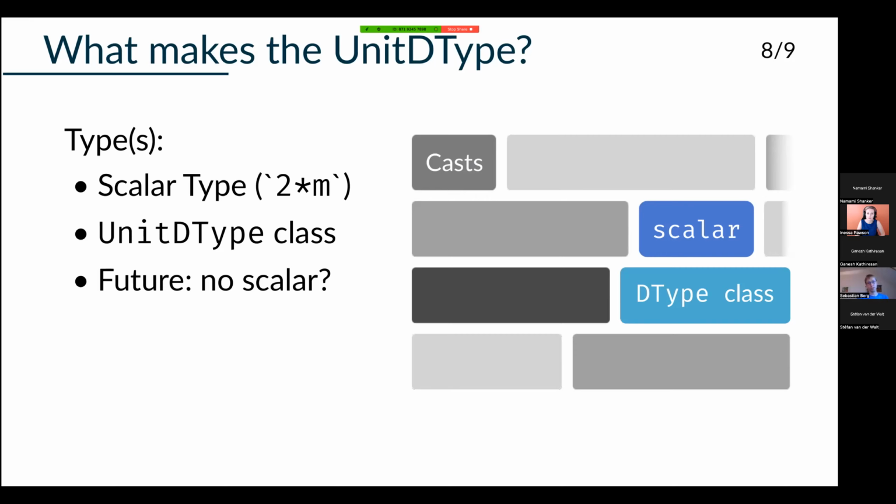There may be a future where we can allow UnitDTypes without actually having a scalar, but right now there's still too many little parts in NumPy where NumPy will rely on the scalar actually existing. So this is probably the most work that you need to do to create a UnitDType, or to create a new dtype. This is the most annoying and the trickiest part in many ways.